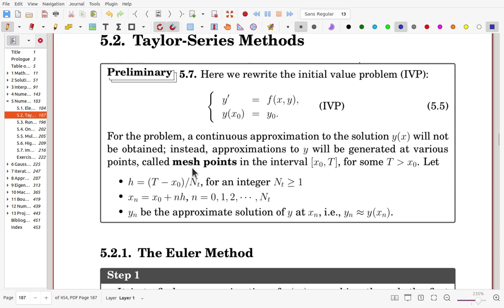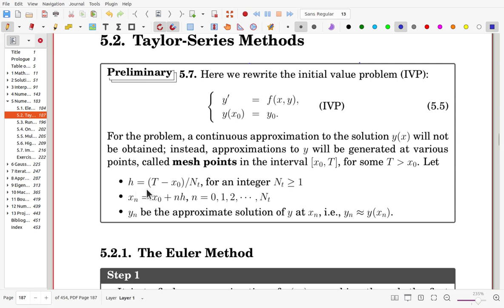Also, the computation should be terminated at some point, say capital T. So we'll try to find the mesh points in the interval from x0 to T. Okay, we choose a uniform mesh with the size h.